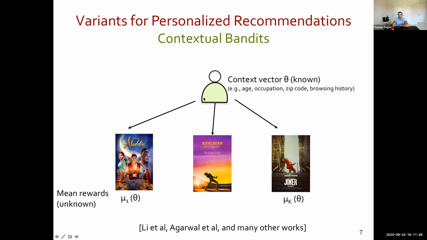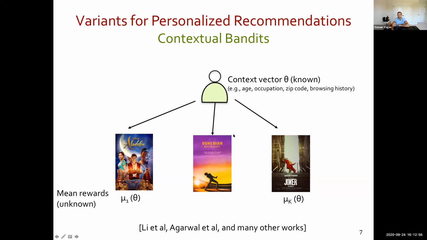What you don't know initially in the contextual setting is how these contexts are mapped to the mean rewards of different actions. And the idea is over time, as you see the context and the corresponding feedback from your different actions, you get to learn these mappings.